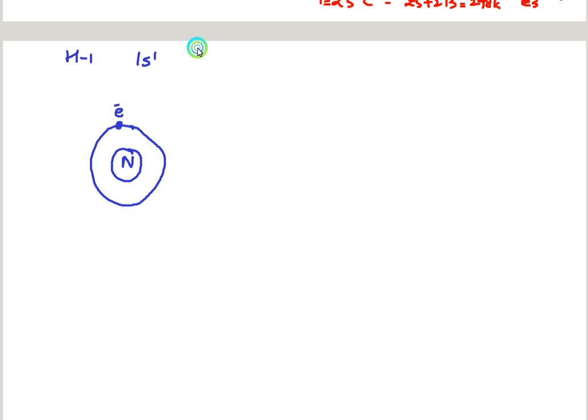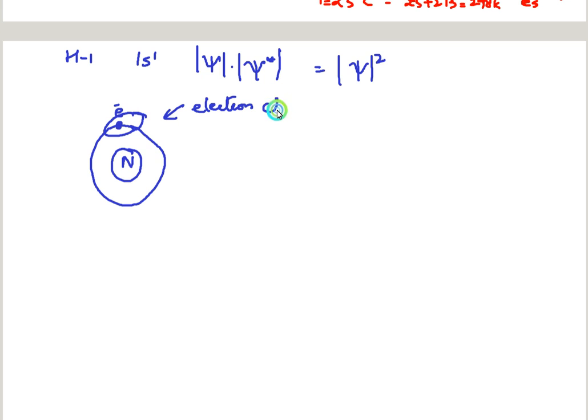So what has a physical significance? Psi into psi star, that is equivalent to psi square. Psi square is actually a probability density function, so it appears somewhat like an electron cloud. So what is an electron cloud? It's kind of a space of charge.